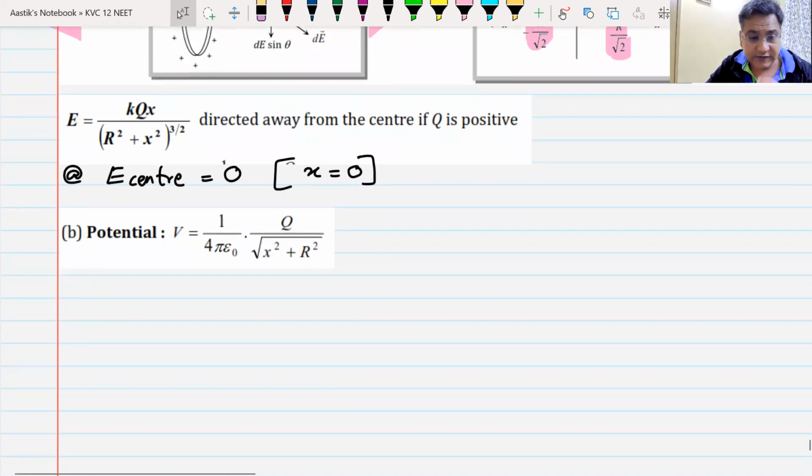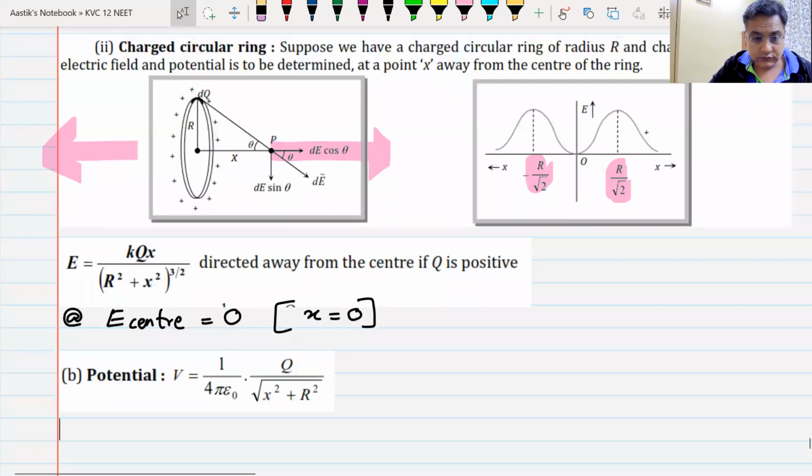Have you noted this down, everyone? Have you noted it down? Is everyone noting it down? Yes or no? Yes, sir.